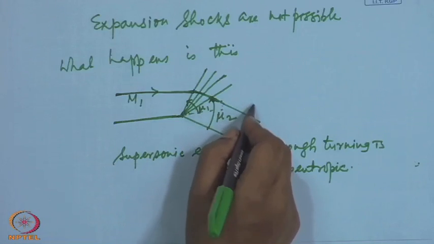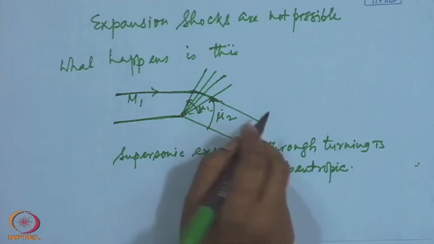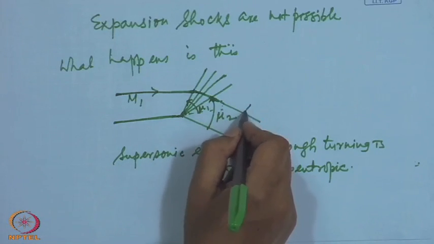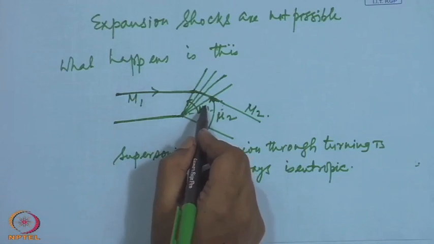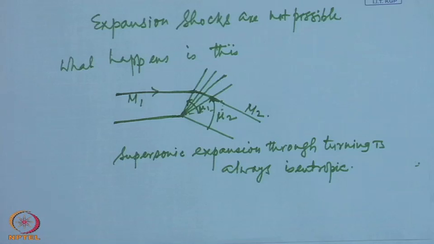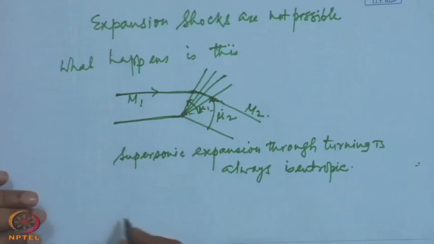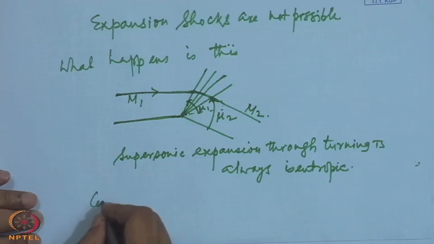Similarly, the flow downstream is again uniform at Mach number M2, and the terminating Mach line is at an angle mu 2 with respect to the downstream wall, and this centered expansion wave is called Prandtl-Meyer expansion.